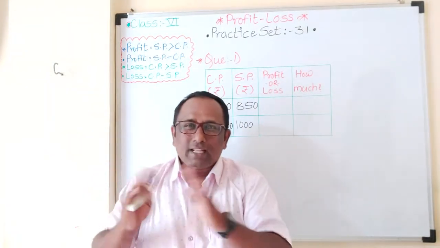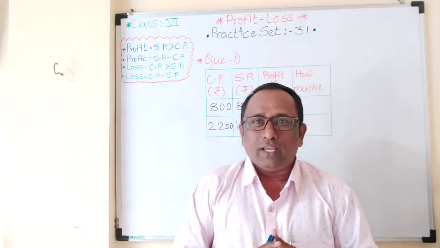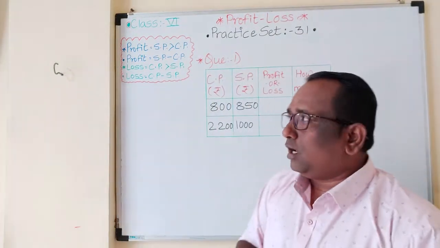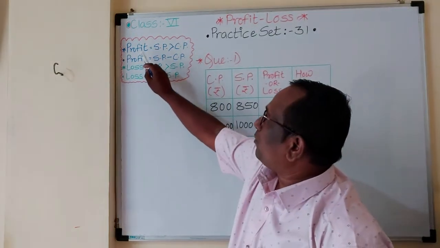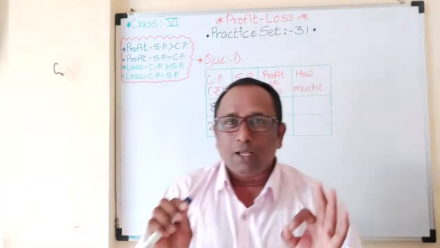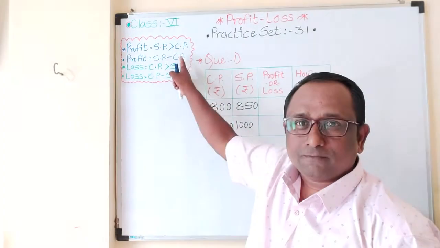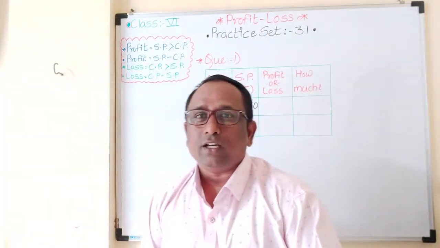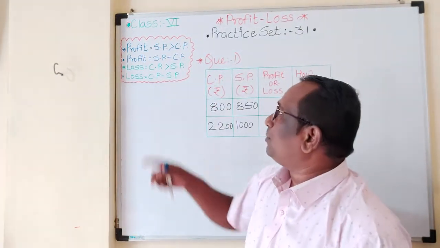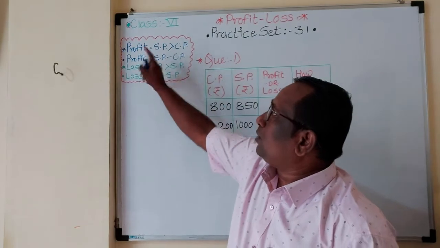Okay, so like that we are solving examples. These formulas are very important. SP means selling price. When selling price is greater than cost price, as in the previous example, we get profit.